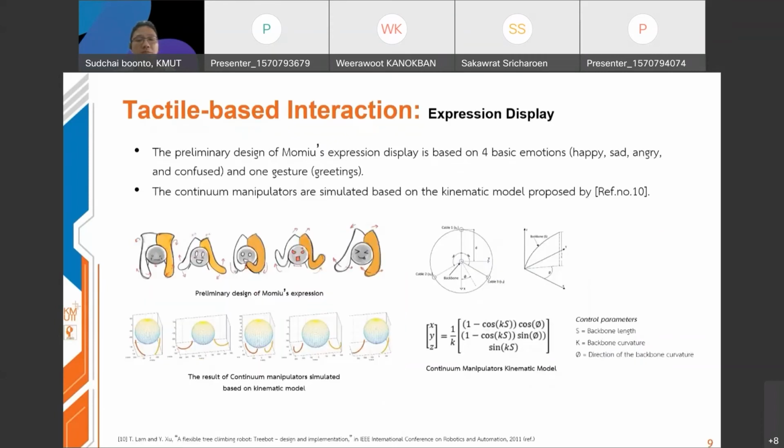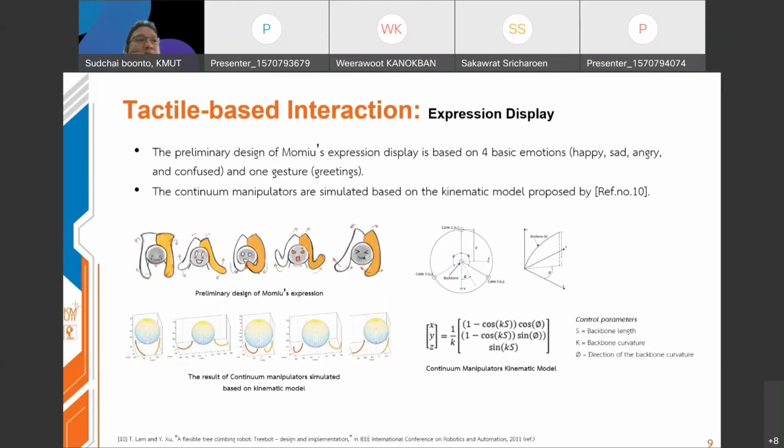Next, we need to know how the soft robot movements, the compliant lower ear and upper ear, express the basic emotions. First, we came up with the concept design of movement expression: happy, sad, angry, and confused, and one gesture, greeting. So we created a simulation to design the motion of the continuum manipulator based on the kinematics model on the right side below.